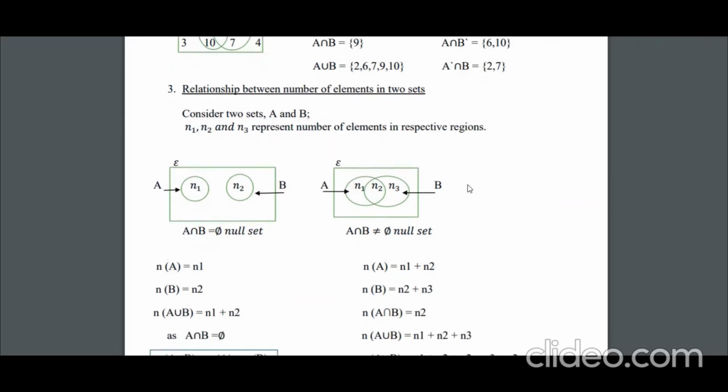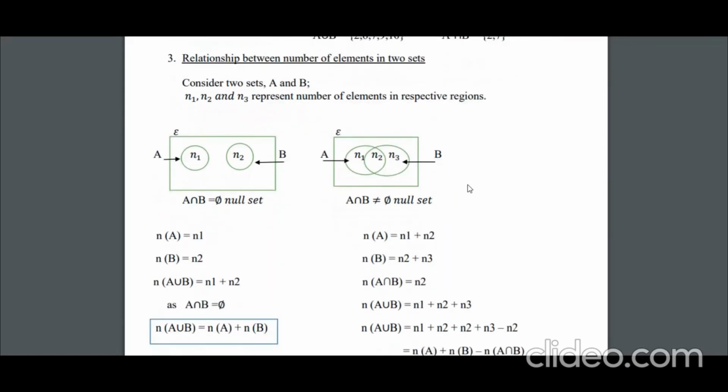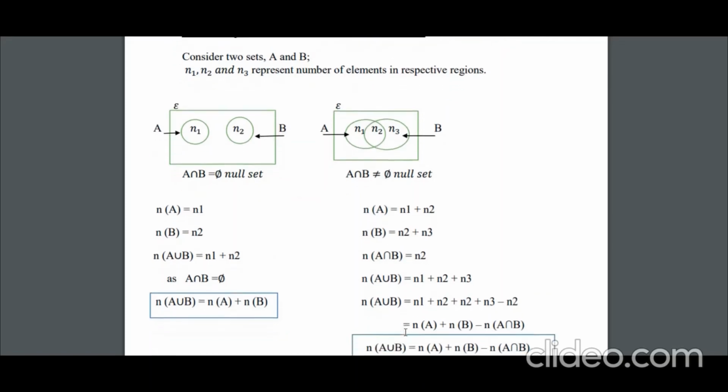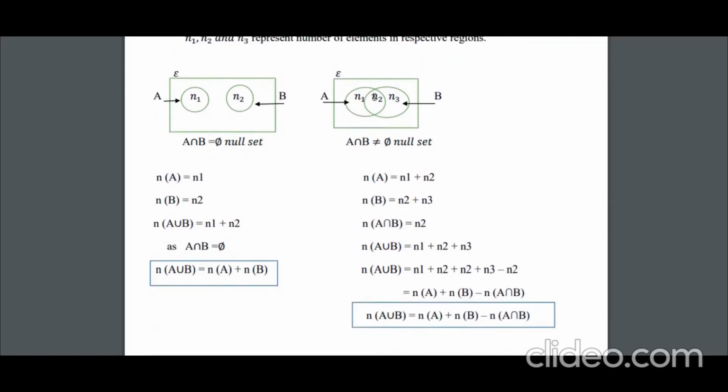Then we looked at the relationship between the number of elements. If these two sets were disjoint, meaning there were no common elements, then the number of elements of A union B would be the number of elements of A plus the number of elements of B, as we proved. But if there are common elements, when we add those, we add the middle part, the intersection, twice, which means it needs to be subtracted from the total sum.